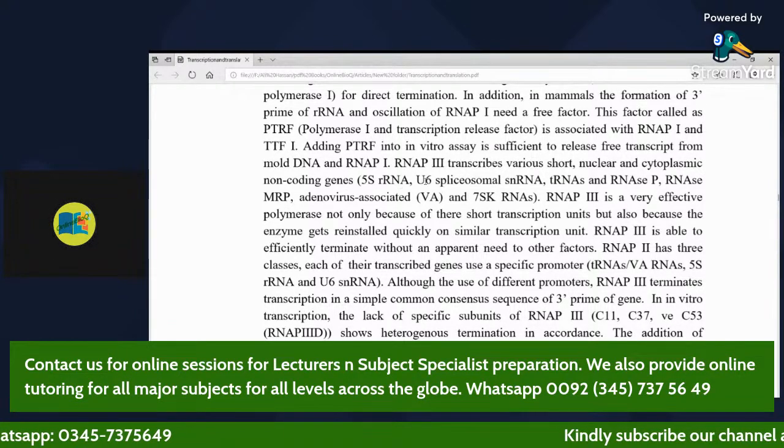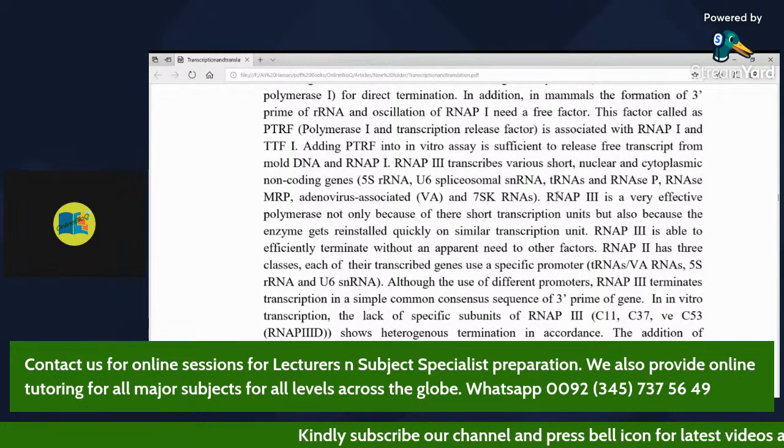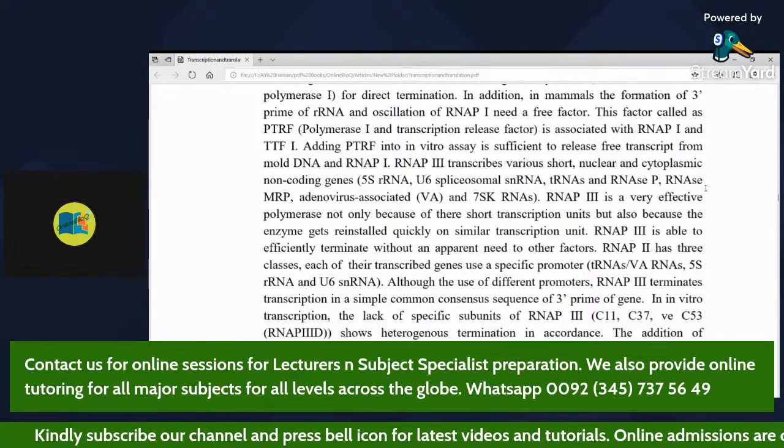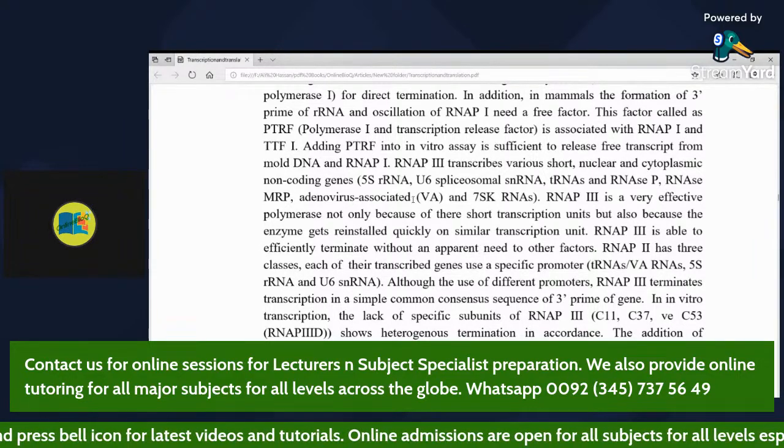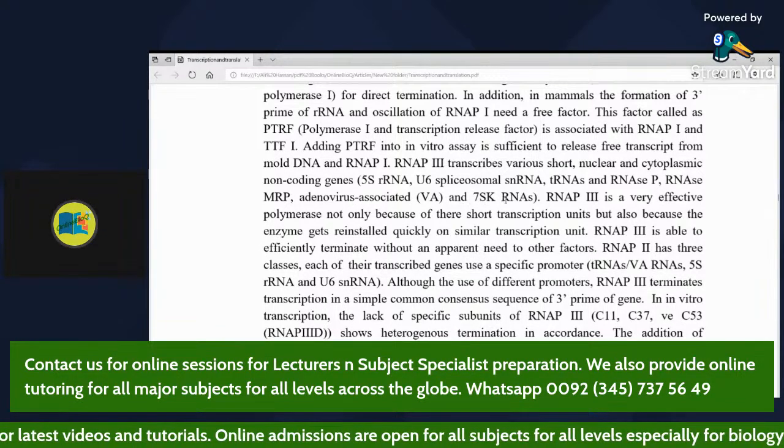These include 5S RNA, ribosomal RNA, U6, spliceosomal snRNA, tRNAs, and RNase P, RNase MRP, adenovirus associated, and 7SK RNAs.